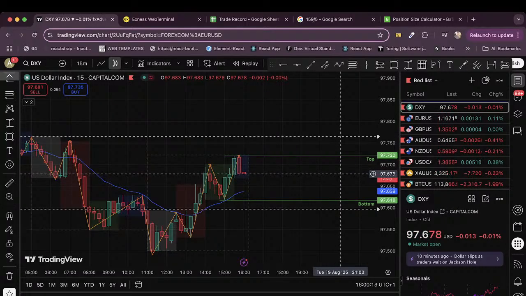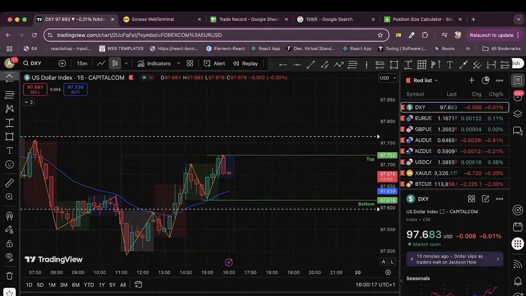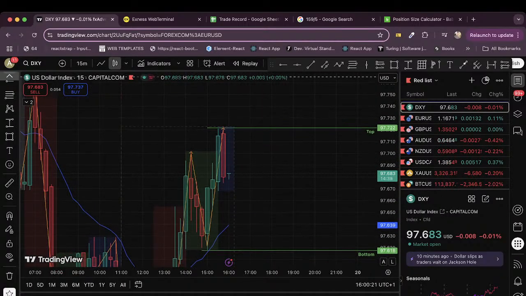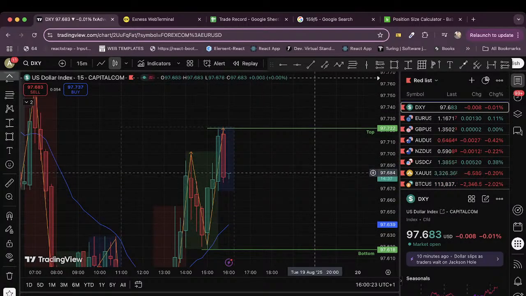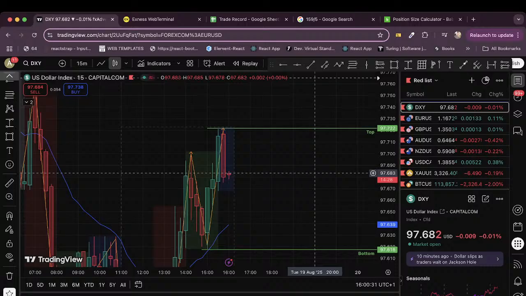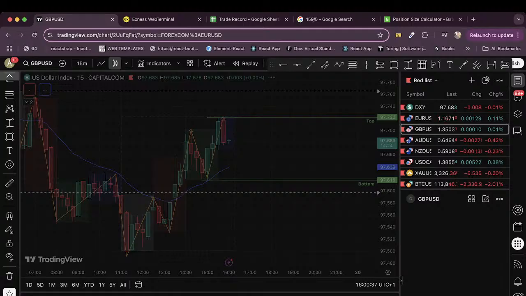I want them to keep trying to push above. I like the fact that it started as a green candle, and if you look, now they have flipped it. That's what I wanted. It was good that they started with green and dropped the bottom wick. Now they have flipped it back, but now they are flipping it back to bearish again. But either way, let's see what British pound is doing.